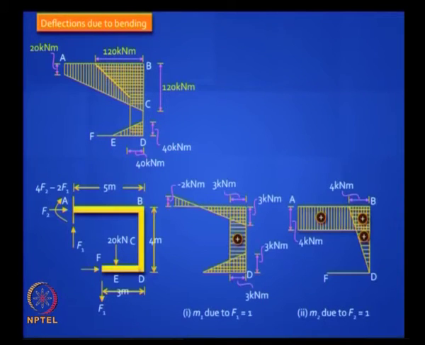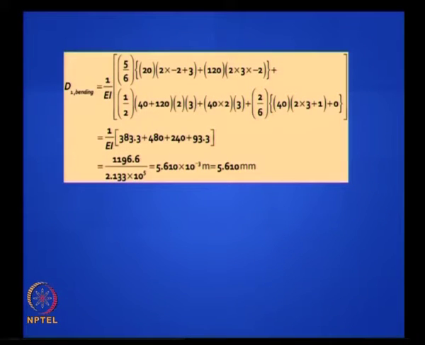So you have a bending moment diagram, and to find d1 you apply F1 equal to 1, you get the unit load bending moment diagram M1. To find d2 you find M2. These are nothing but actually dou capital M divided by dou F1 and dou F2, and so you can work out the same method.